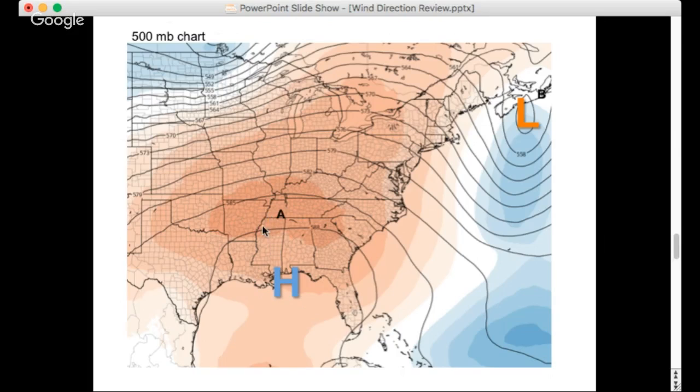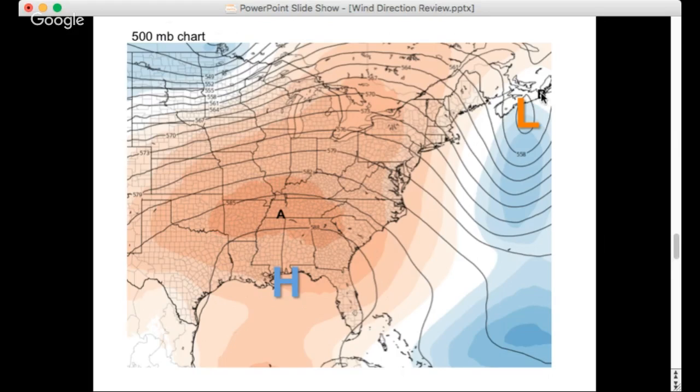So the flow around this high pressure is going to be clockwise, like this. And since the winds are blowing parallel to the contours, we see at location A, the winds are coming in from the west. So that means that we have a west wind at location A. Remember, upper air chart, we just find the winds that are parallel to the contours.